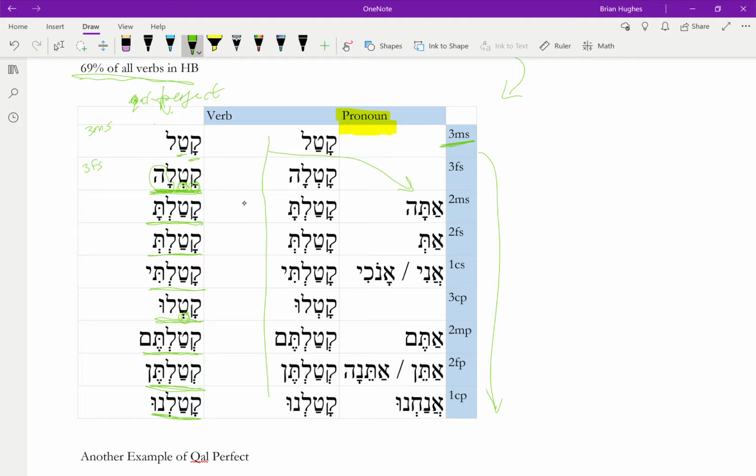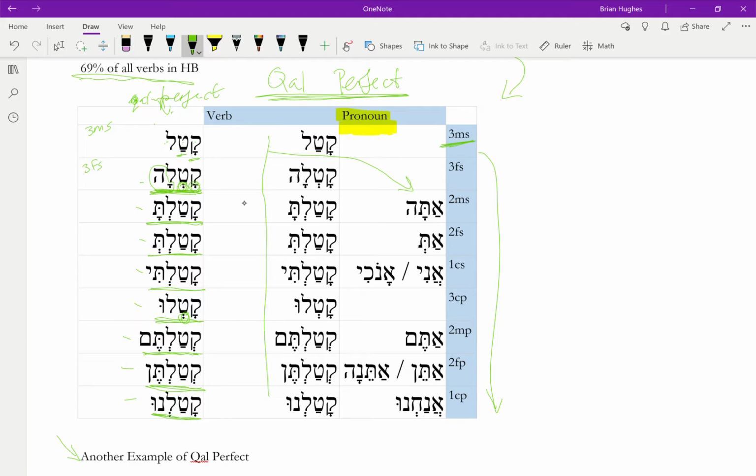So if you swapped out these root consonants, this is the form that verbs in this qal pattern, perfect conjugation, take in biblical Hebrew, in the Old Testament.